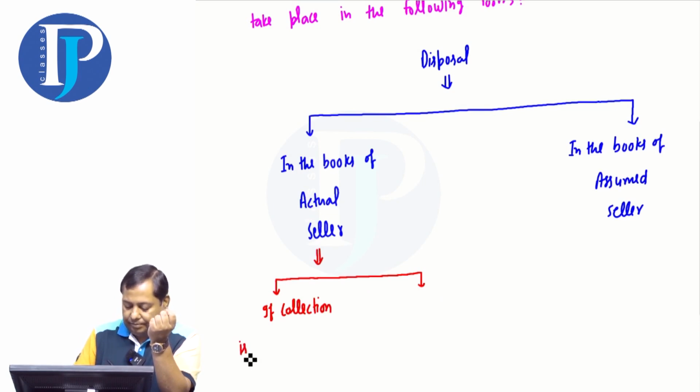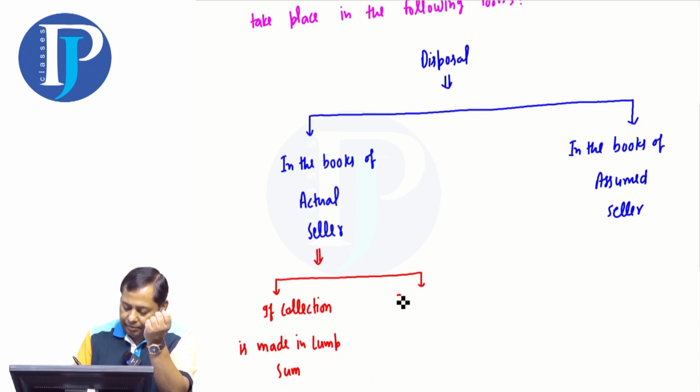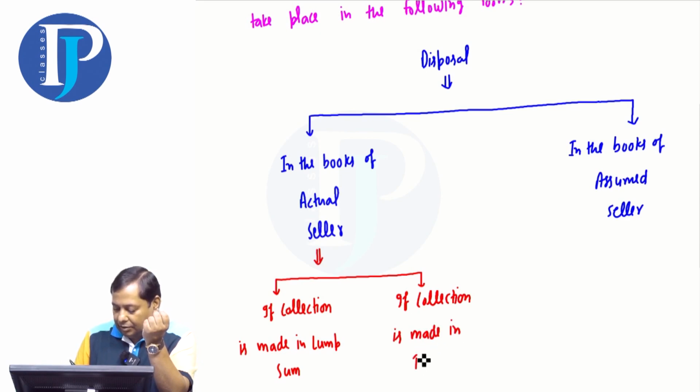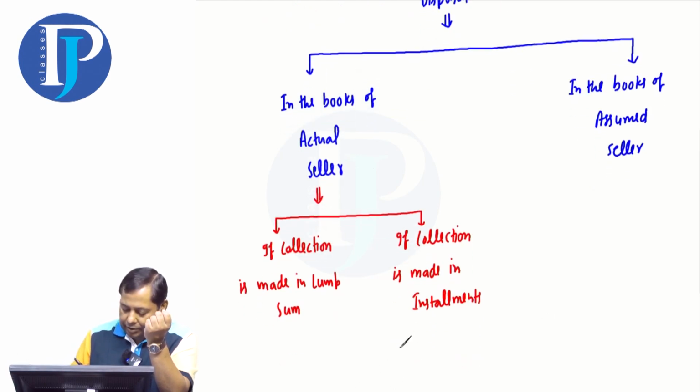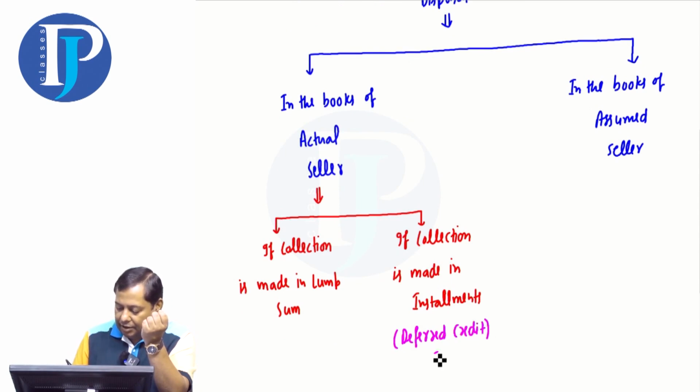If the collection is made in lump sum, or if the collection is made in installments, we call it deferred credit sales.